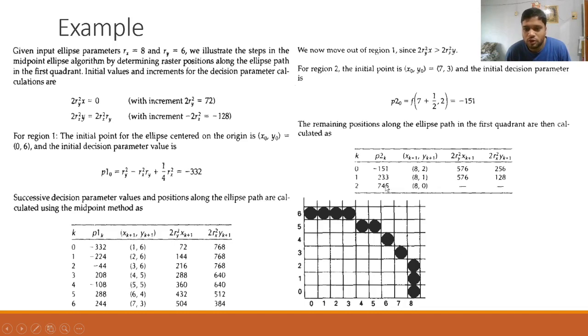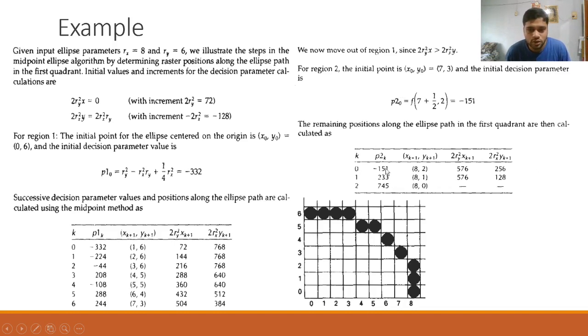From this point onwards, we will be using this particular decision parameter value. So x0 equal to 7, y0 equal to 3. We will use this decision parameter and come up with this particular table.